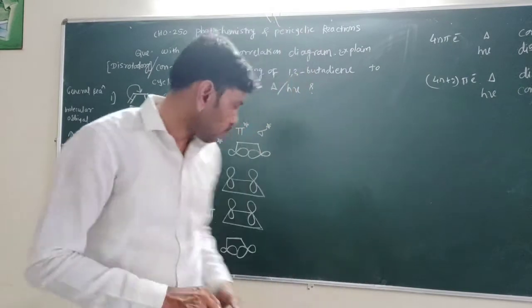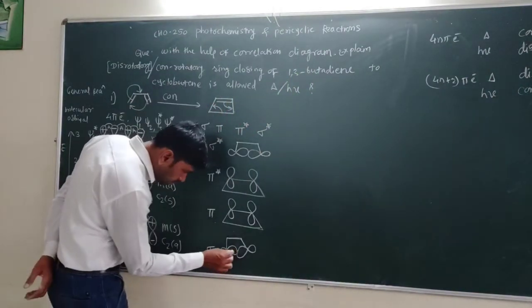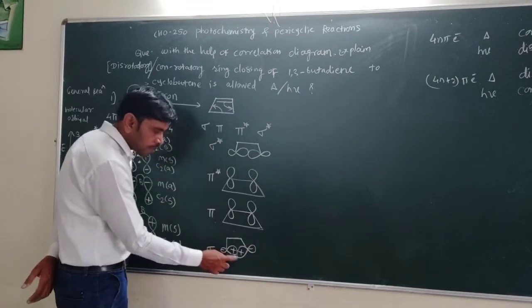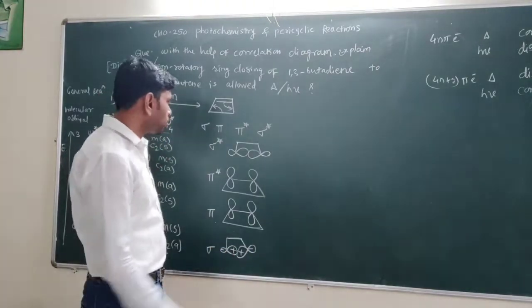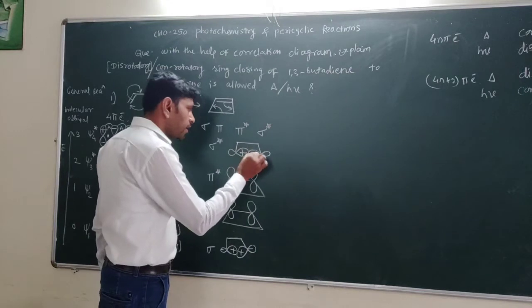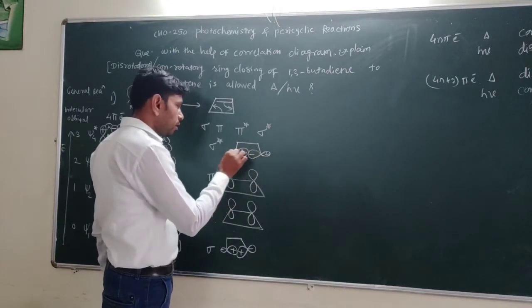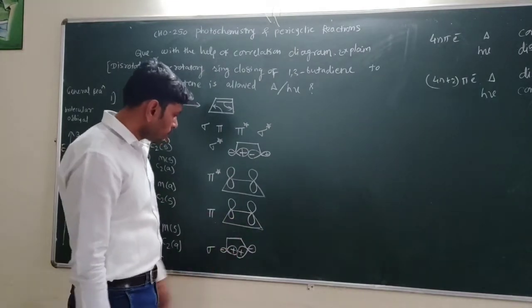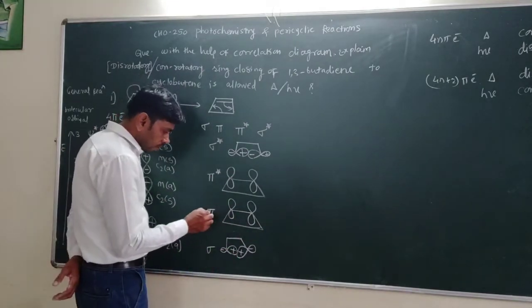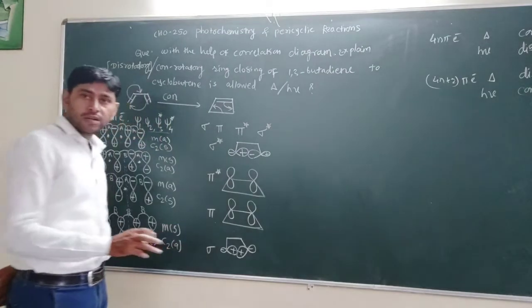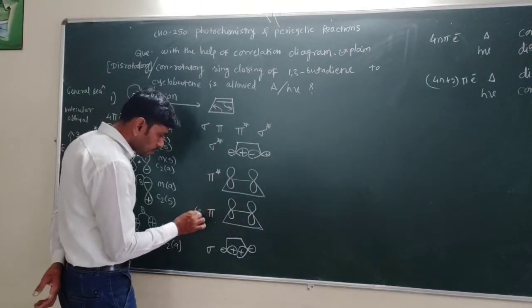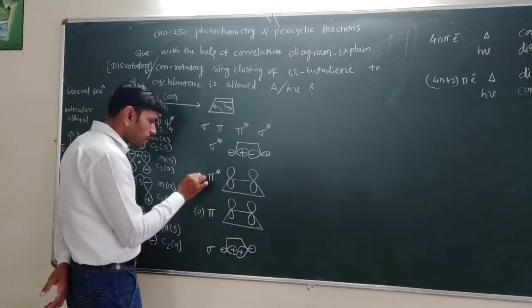So what are the signs of these orbitals? See here, sigma bonding orbital is shown in this way: plus plus overlap becomes bonding. How is antibonding shown? Plus minus. Plus minus overlap is antibonding. Here plus plus is bonding. What about these? These are pi orbitals, and pi orbitals are always referred to by nodes. The first orbital has 0 nodes, here 1 node.